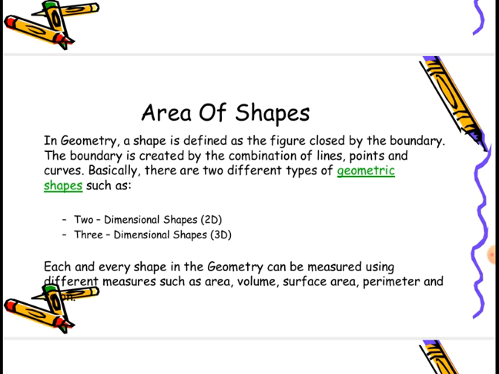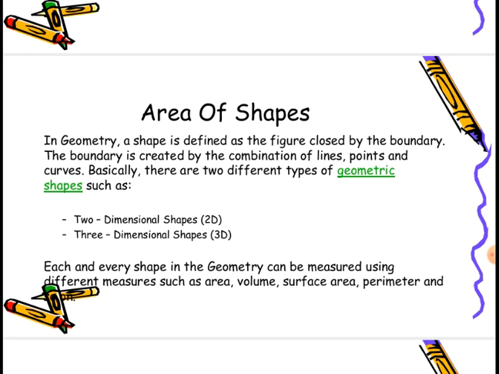First, in geometry, a shape is defined as a figure enclosed by a boundary. So, yung boundary na yun is created by the combination of lines, points, and curves. Basically, there are two different types of geometric shapes. Pag sinabi natin na two-dimensional, yun yung walang depth or wala siyang lalim.